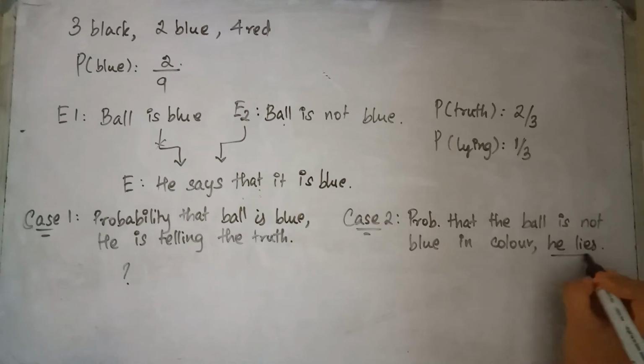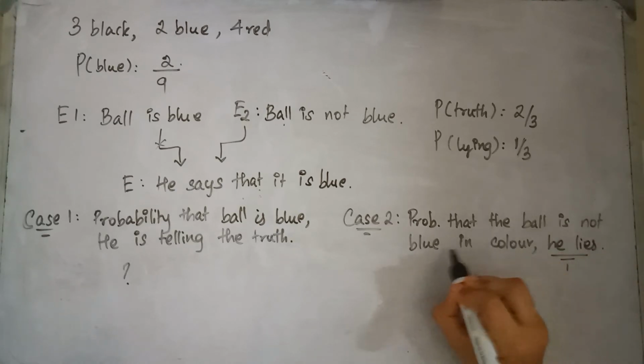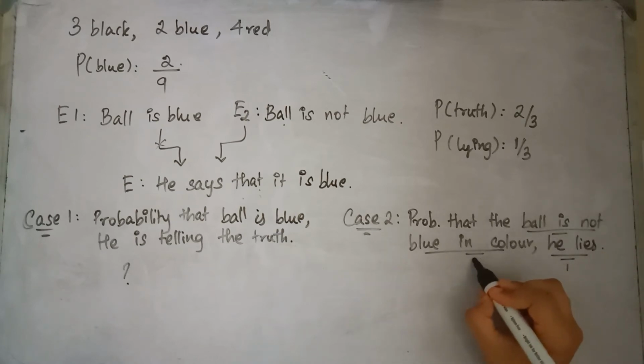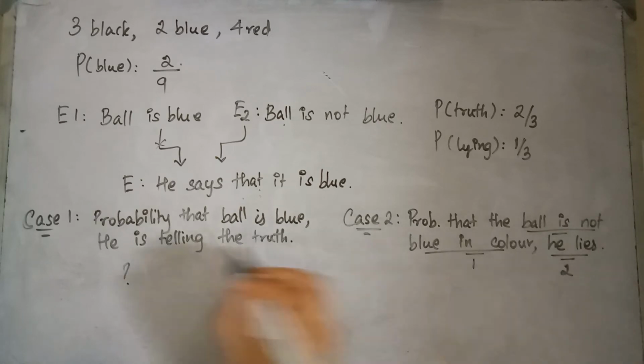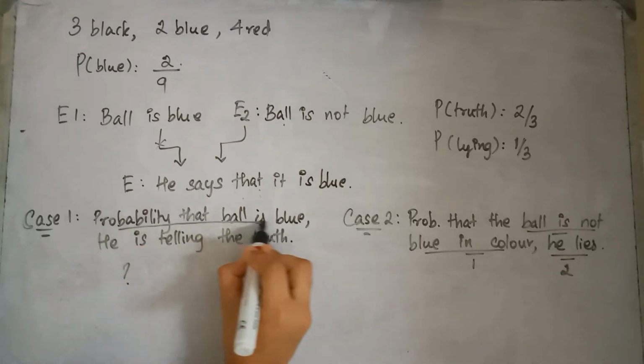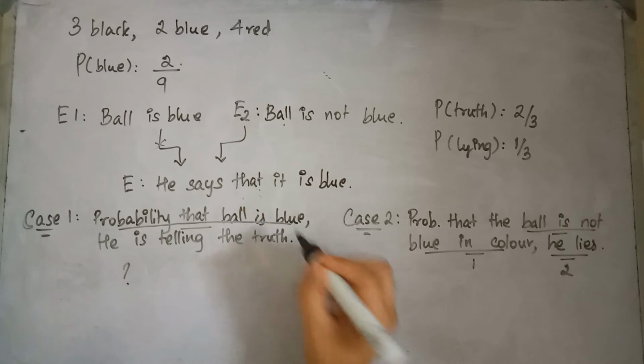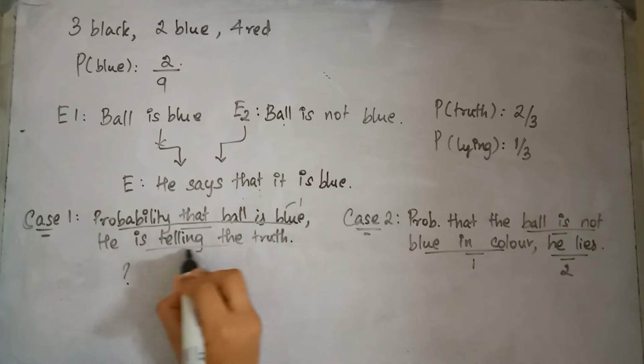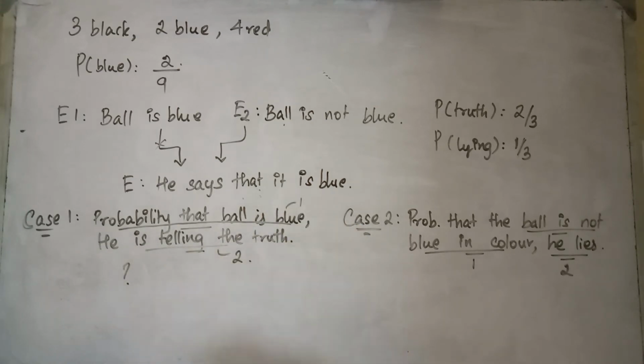So this is one event. This is another event. In all of these cases, 2 events are happening. Likewise over here, he's taking a ball and that is blue. That is one event. And him telling the truth is another event. Right?